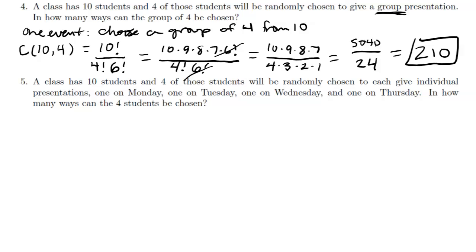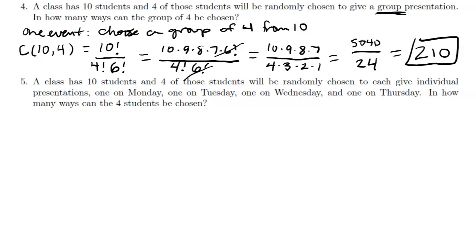So notice this time, there's more to the problem than just picking a group of 4 students. If we think about what events there are in this problem, well, really then we have to split it up based on days, because it would be different if, say, Bob presented on Monday and Joe presented on Tuesday versus Joe presenting on Monday and Bob on Tuesday.